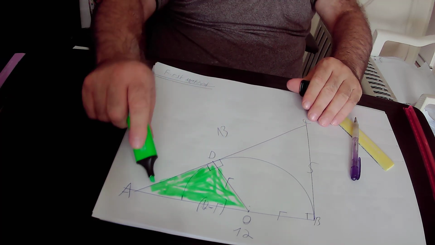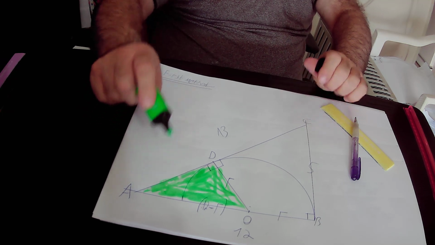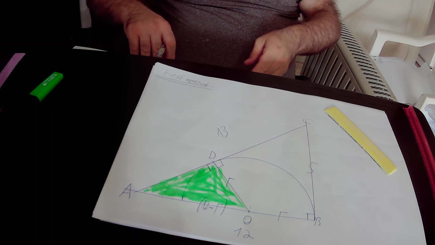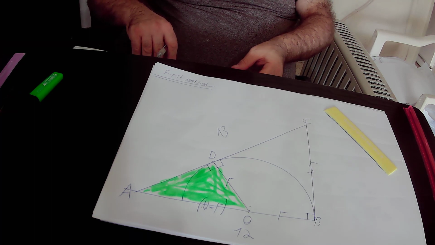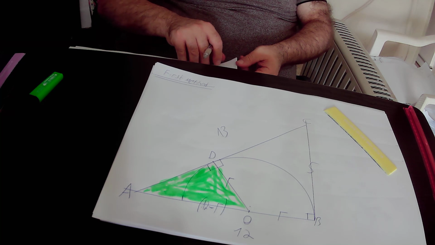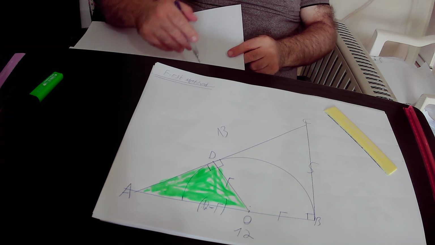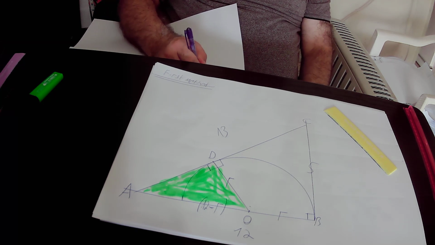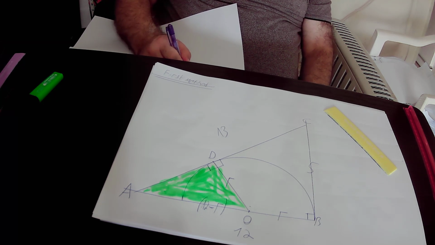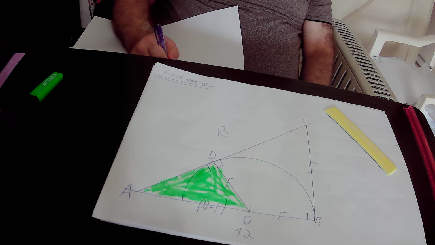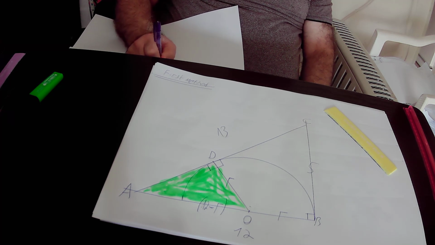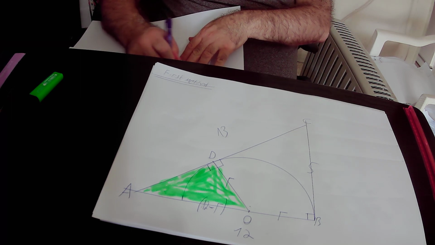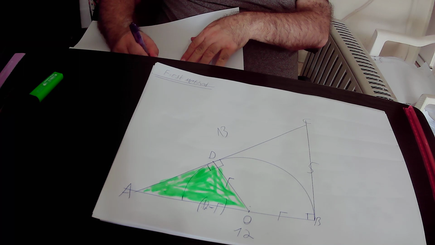So we will focus on the right big triangle ABC and the small green right triangle ADO, and we will prove that those two triangles are similar to each other. Okay? Triangle ABC and triangle ADO. So, why is triangle ABC similar to the green triangle?